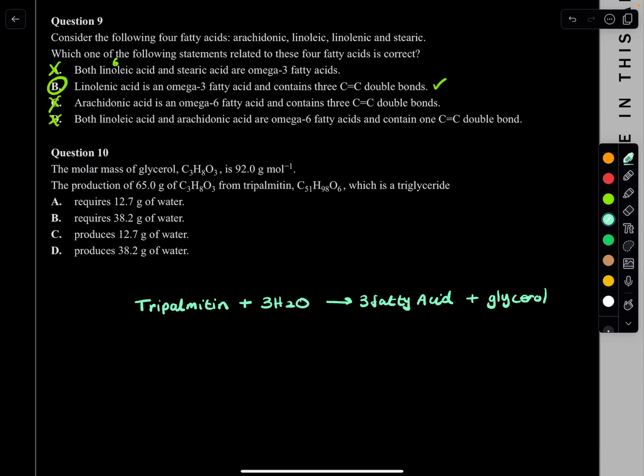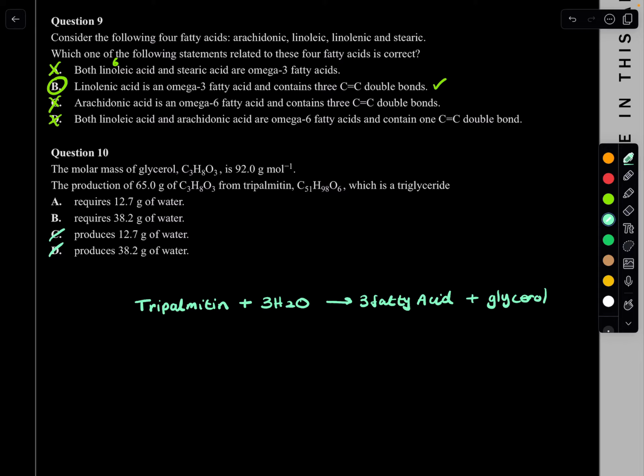That is it. Now, we're saying how much water, so if we were producing 65 grams of glycerol, which is this, from tripalmitin, which is a triglyceride, requires how much water or produces? Of course, it requires water. It's on the reactant side. So these are wrong. So it requires water, but how much water is it? We just have to do stoichiometry.